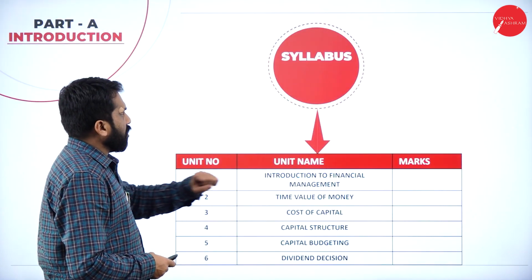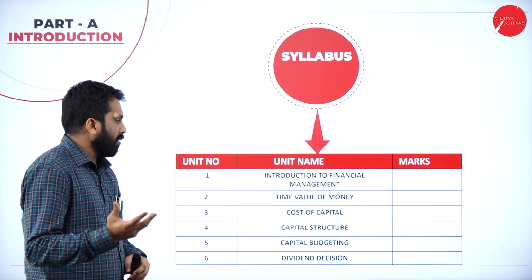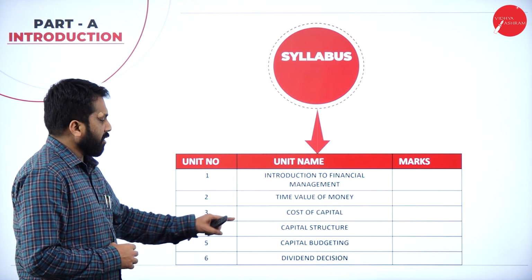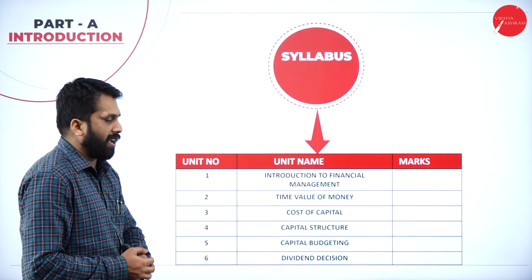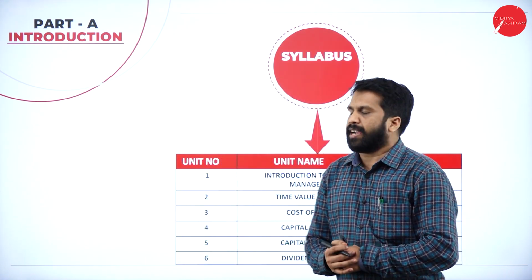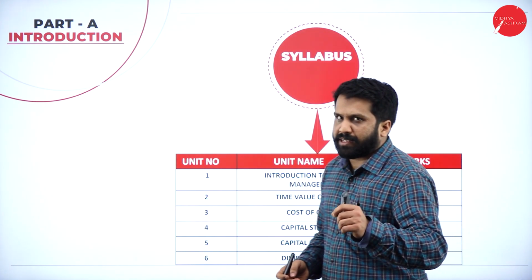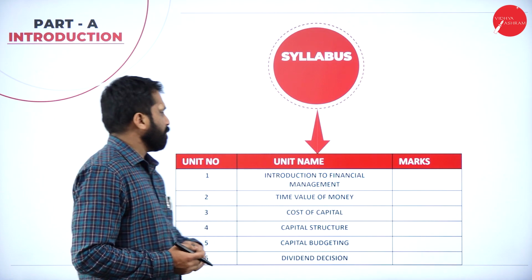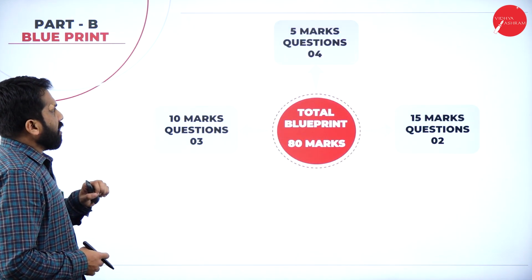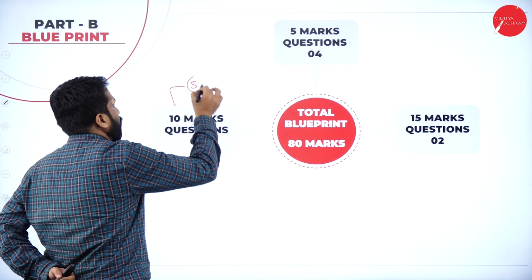So we have introduction to financial management, time value of money, cost of capital, capital structure, capital budgeting, and dividend decision. These are the topics you have for your examination, and what are the marks allotted for each topic? Each and everything we will discuss step by step. Now, these are your marks allotted: 10 mark, it will be given 5 out of 5.